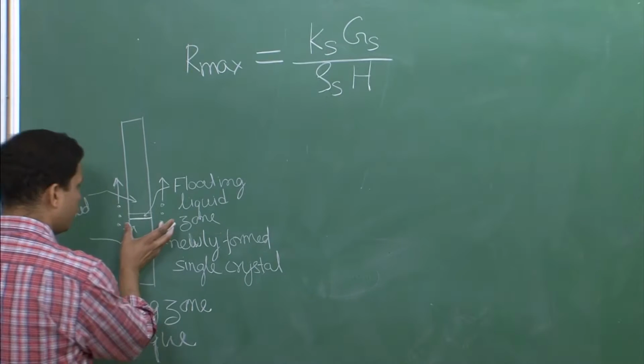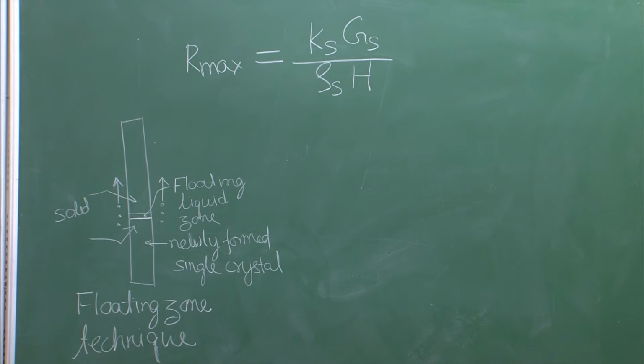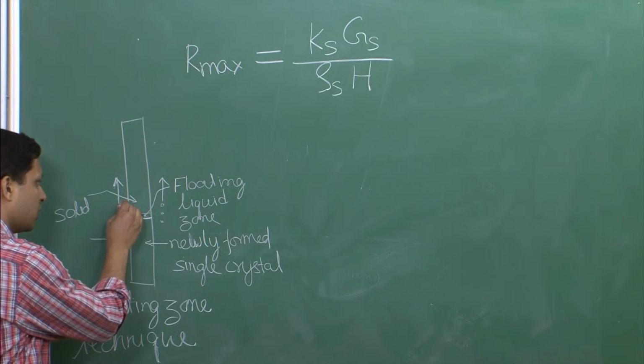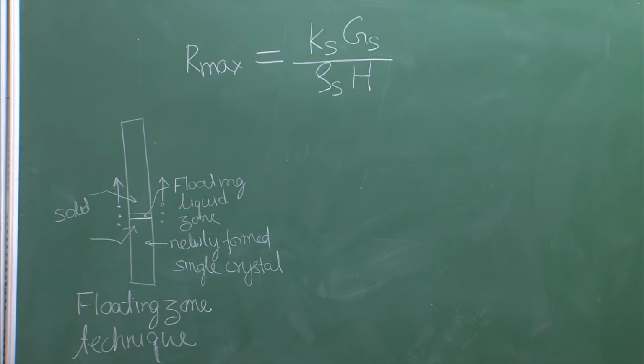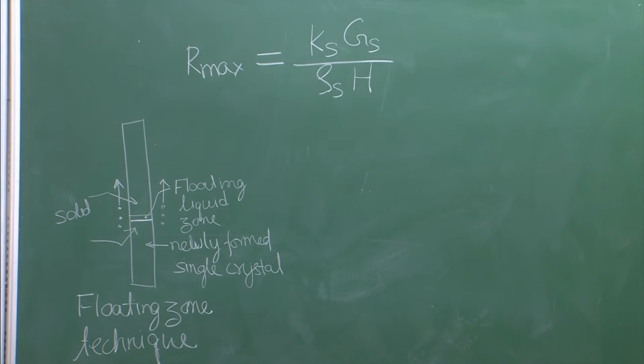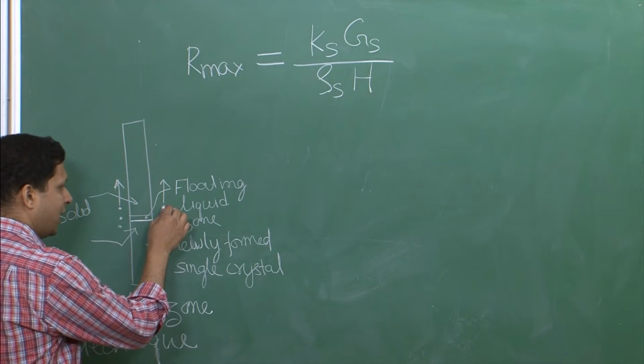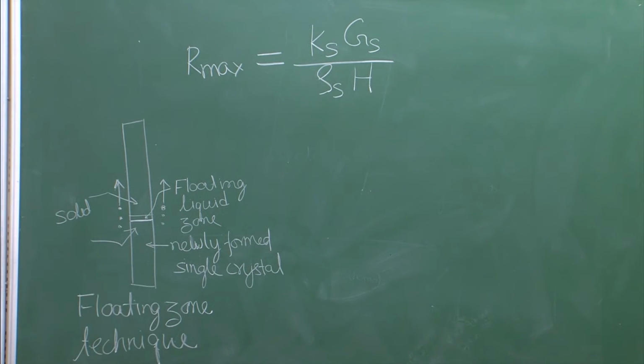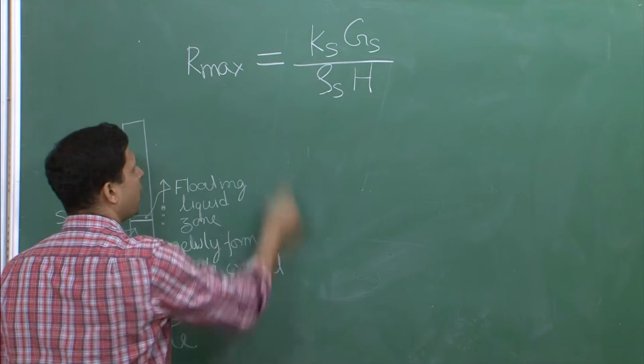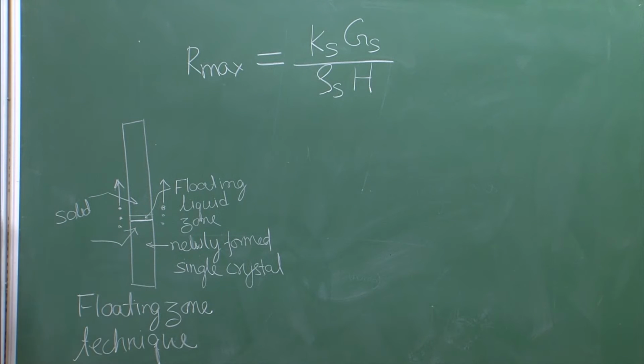Now, you could have moved this heater, which is over here, which I have shown as dots, at a very fast rate, much faster than what is recommended by the R value over here, but then you will not be able to get a single crystal over here. If you want to get a single crystal, then the rate at which you need to move this heater or the heating zone must be less than or equal to this R max and governed according to the value of Gs and GL.